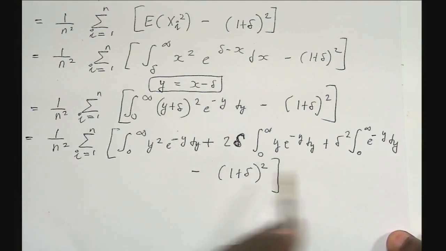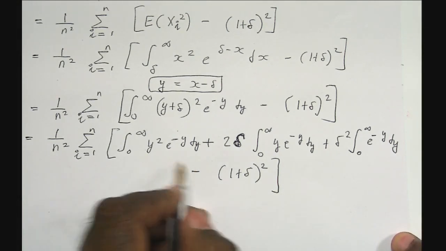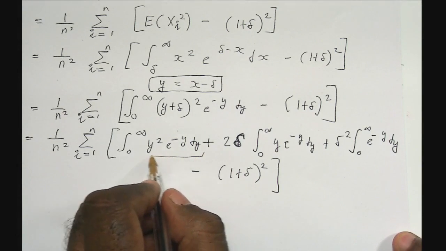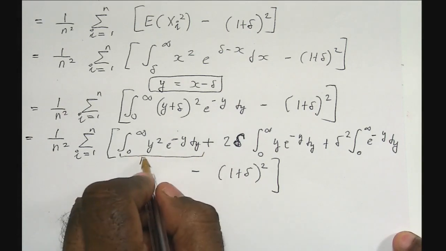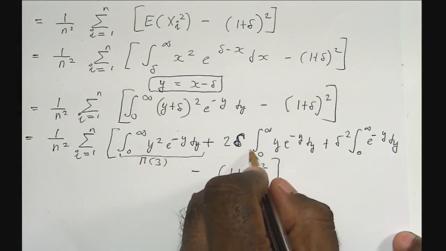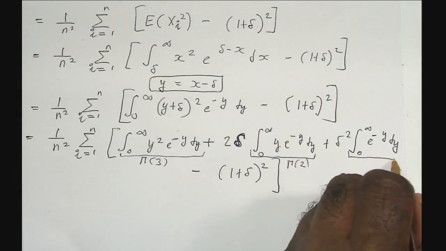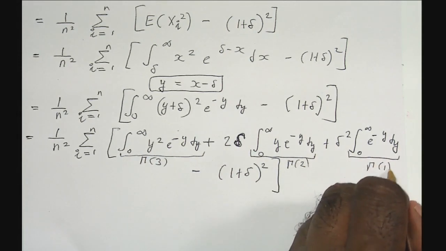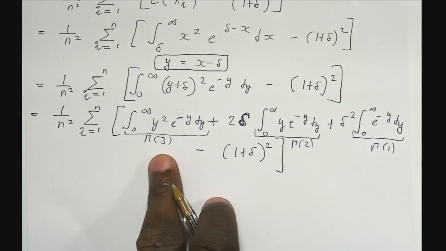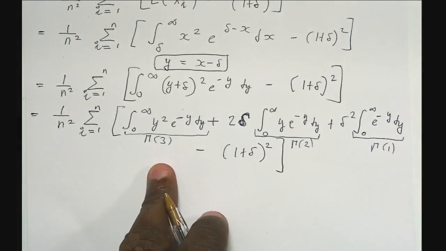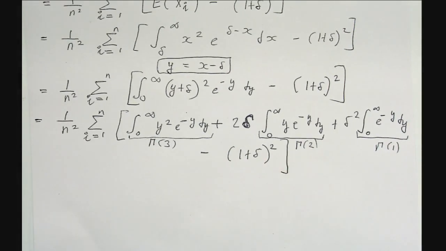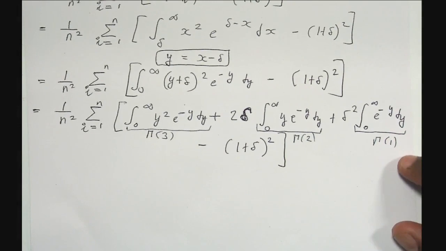Each of these integrals is a gamma function. This integral here is the gamma function at 3, this one is the gamma function at 2, and this is the gamma function at 1. We know the gamma function at 3 is 2 factorial, which is 2, gamma at 2 is 1, and gamma at 1 is also 1.